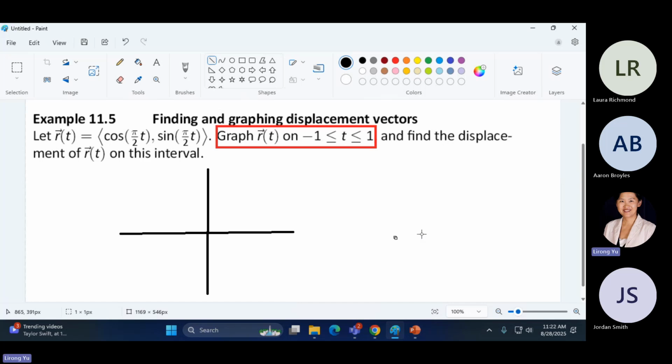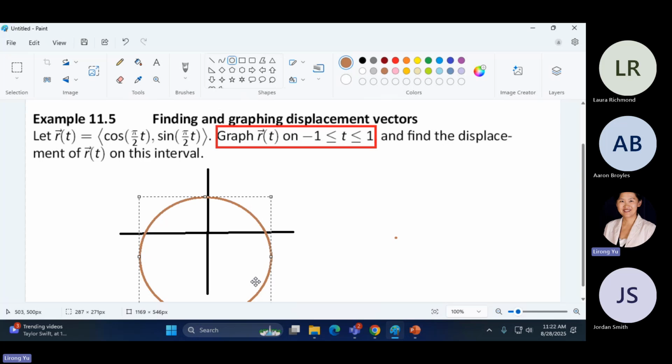You can see it's cosine of something, sine of something. When you have cosine of an angle and sine of an angle, it's very possible it's on a circle. Cosine oscillates between -1 and +1, and sine oscillates between +1 and -1. So essentially, you're within a circle. But the question is how much of a circle? So we're going to look at the angle change. If we're graphing it by hand, we can see the circle looks like this.